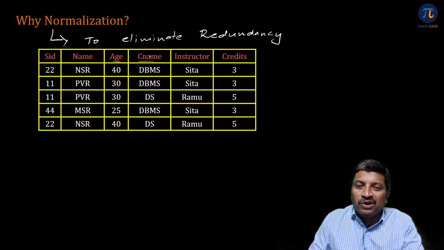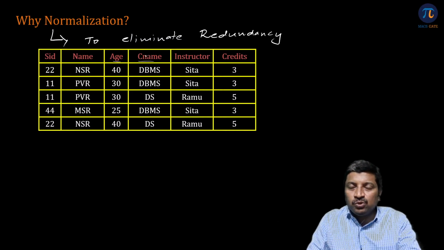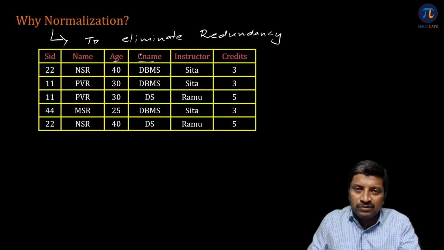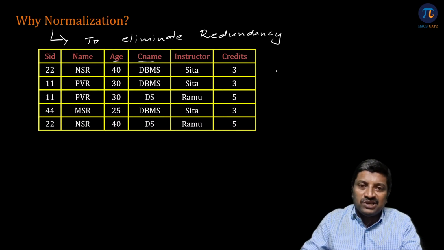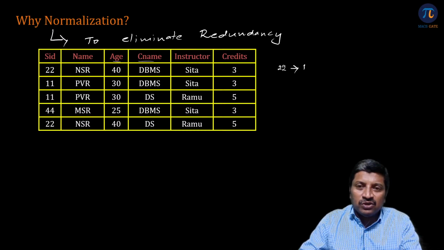Now the first point we need to observe is that a student can register more than one course. The second point, a course can be registered by many students. In this example, please observe it. Consider the student whose ID is 22. What courses did he register? He registered DBMS. Any other course?